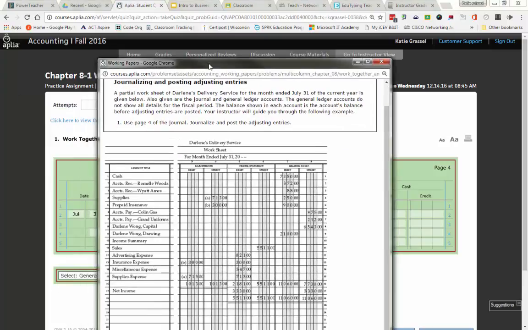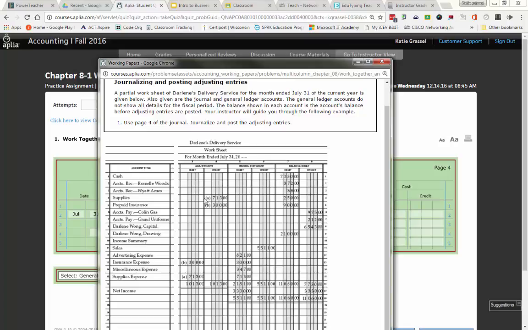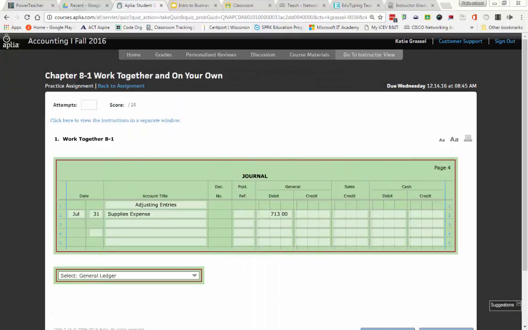Then I will look back here and say, all right, what is my credit for letter A? My credit is going to be supplies for $713. So my second line for this entry is going to be supplies for $713. I am truly looking at the adjustment column on my worksheet and just getting it in my journal.